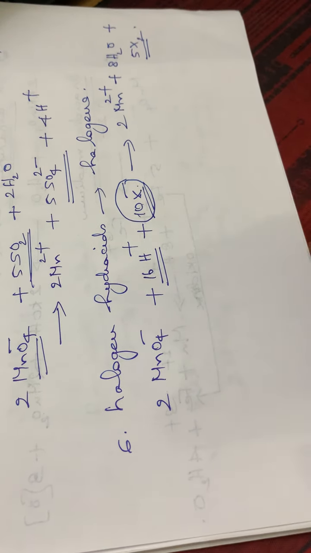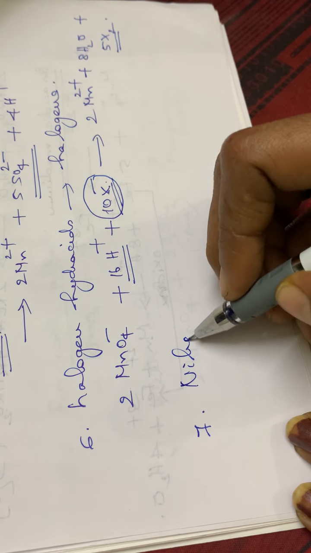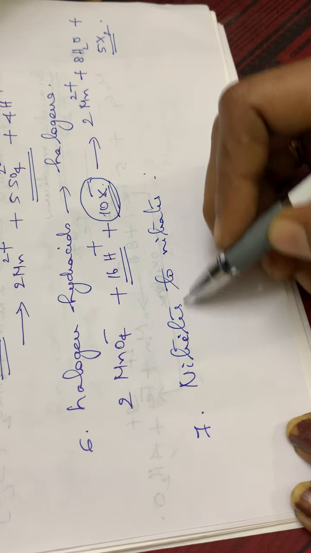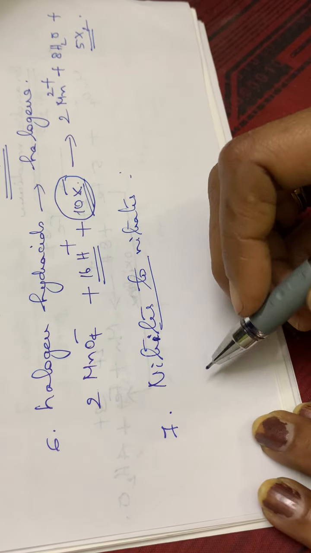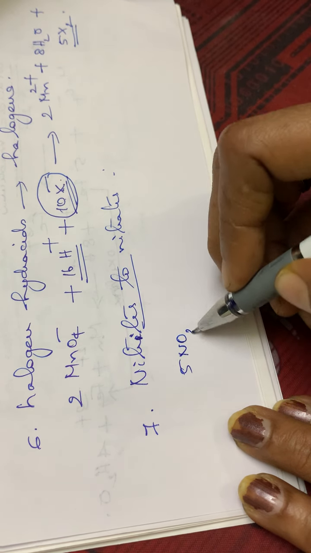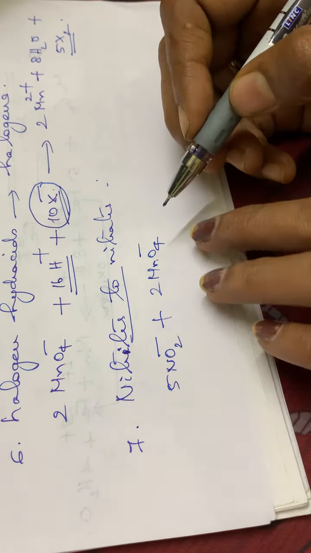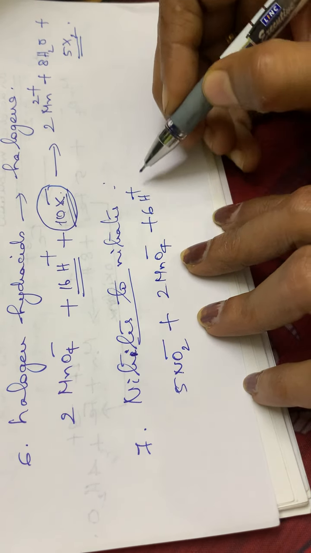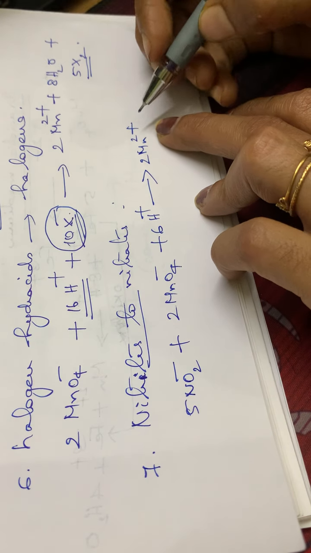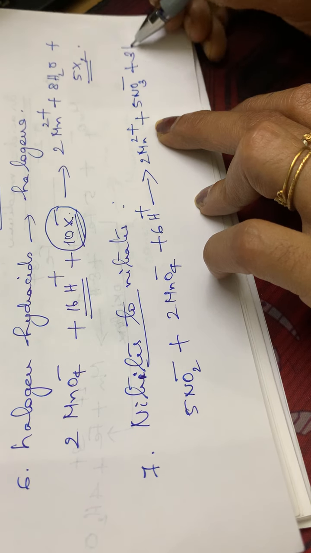Okay. Then the next reaction, the seventh reaction, nitrites to nitrates. That means nitrites, the formula is HNO2, isn't it? So we can write it as NO2 minus plus 2MnO4 minus plus 6H plus giving 2Mn2 plus, 5NO3 minus, that is nitrate ion, plus 3H2O.